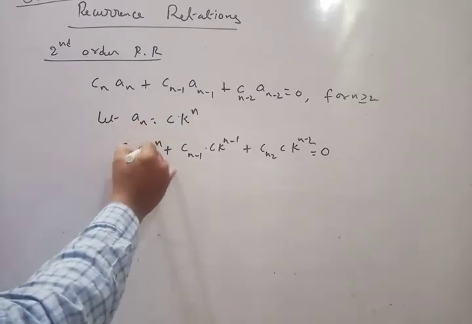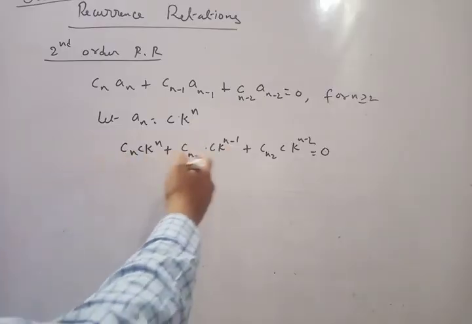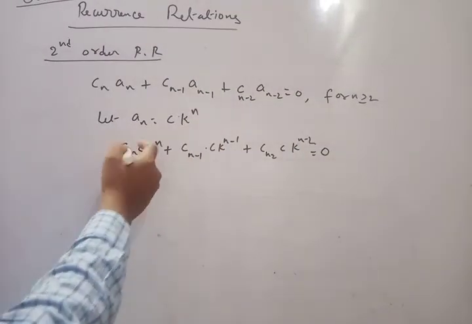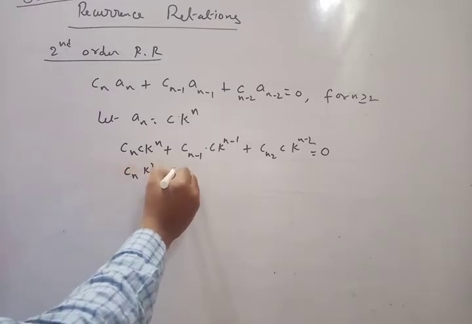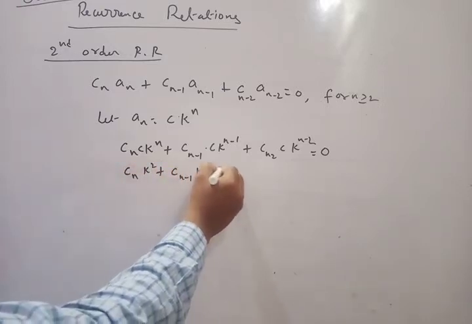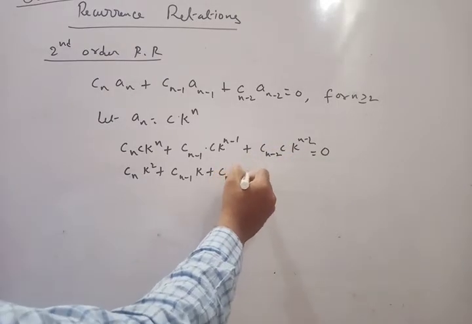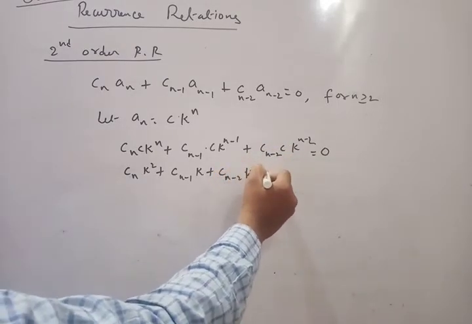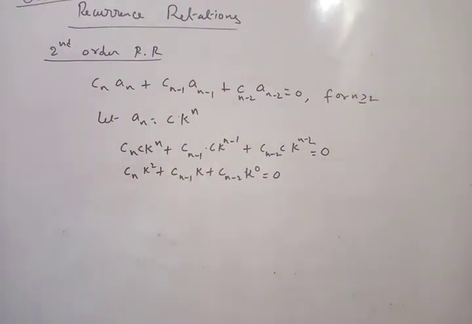So here c will come out common, for n greater than or equal to 2. So if I simplify here, what I get is c_n k^2 + c_{n-1} k + c_{n-2} = 0, since k^0 is equal to 1. So c we take out, and send to that side.